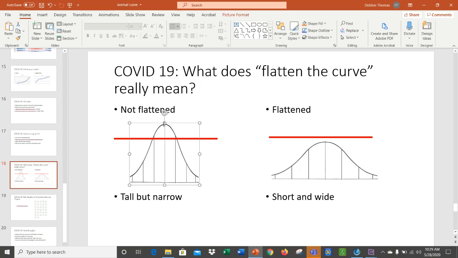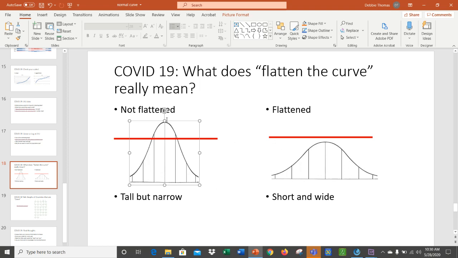Well, if I take this chart and I try to push it down this way, I can do it in this world, but you can't do it in the real world because the moment I push it down, I have to push it out as well. It has to be 100% underneath, so each one of these people can't become half a person. So I need to make it wider as well.